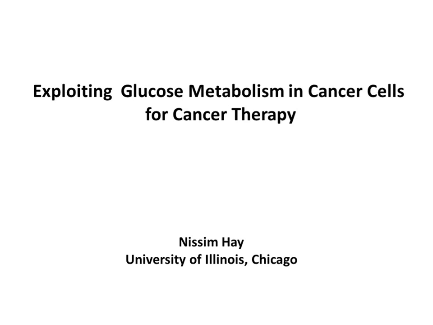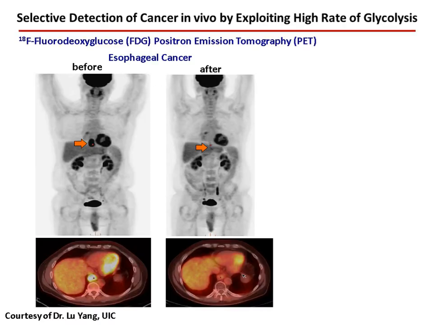What I'm going to tell you about is how we could exploit glucose metabolism in cancer cells for cancer therapy. So a high metabolic rate of glucose is a feature of cancer cells that distinguishes them from normal cells, and this could be exploited for selective detection of cancer cells in vivo.